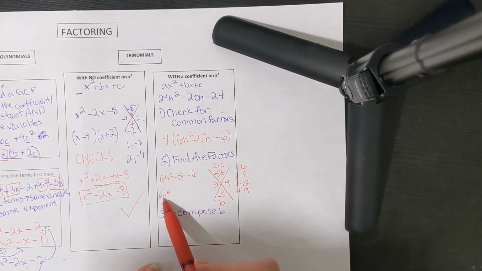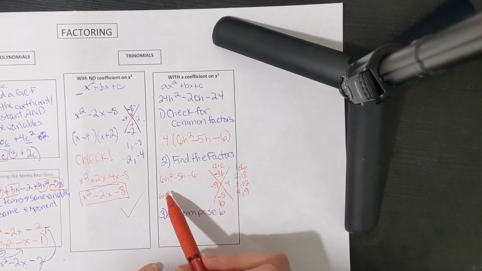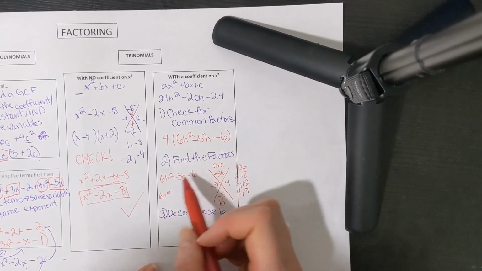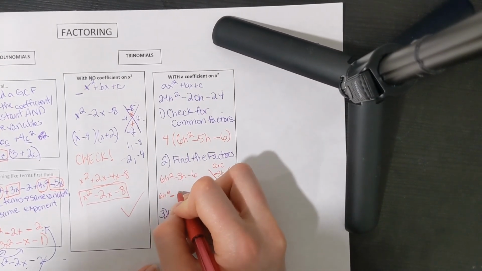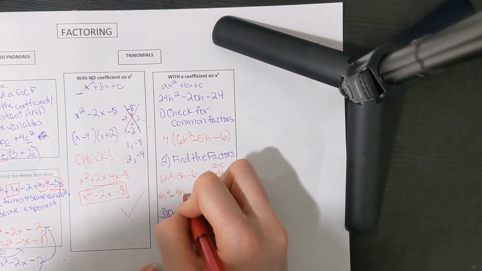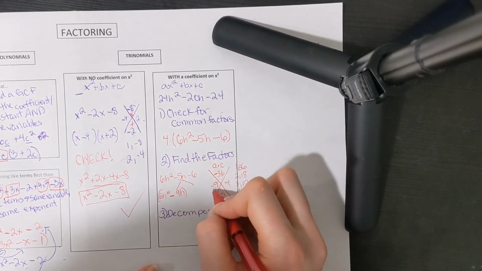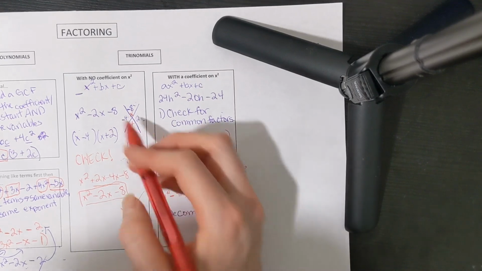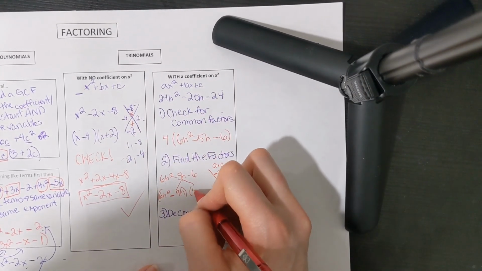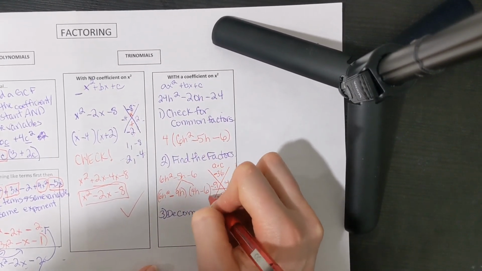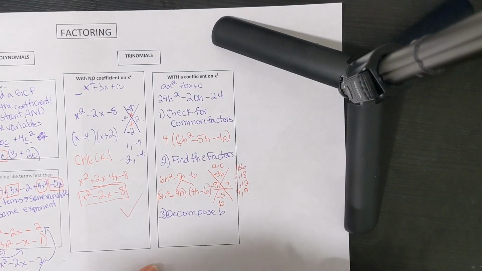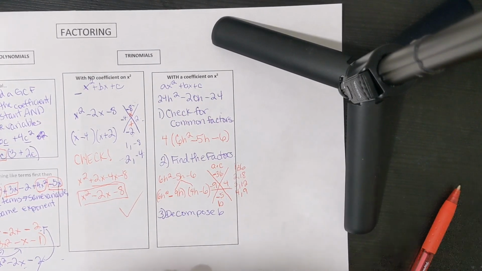Which one is going to go with the 6h squared? In this case, it probably doesn't matter because we have 6 on both sides. I'm going to pull negative 9h. Okay, this is negative 5h being split into these two factors. You're not done like you are over there. 4h minus 6.